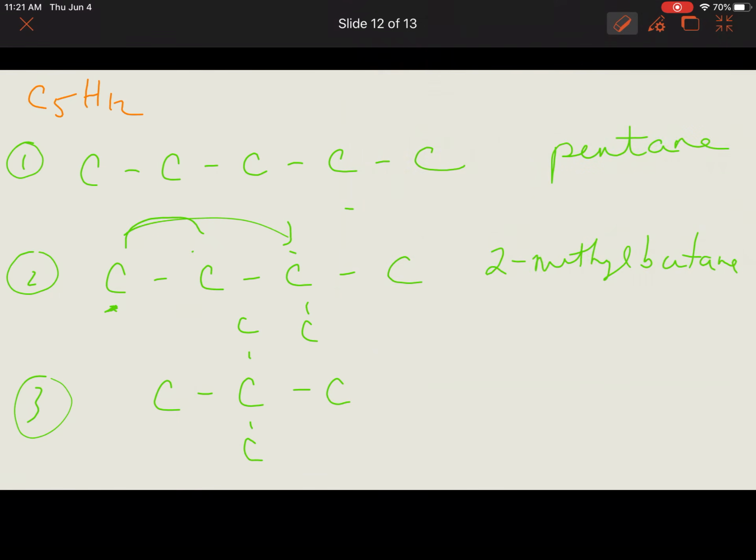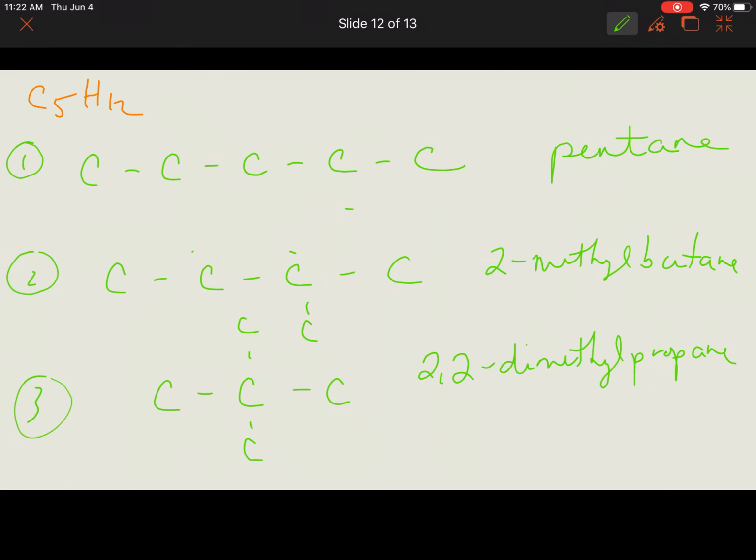Let me just get rid of this stuff here. And to name it, the name is going to be 2,2-dimethylpropane, because you've got 3 carbons in your main chain here.